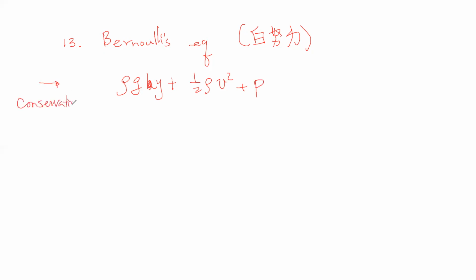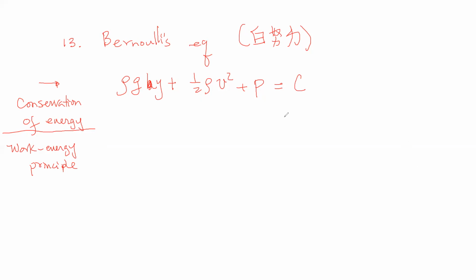So continuity is based on conservation of mass, but this one is based on conservation of energy. Or sometimes, maybe more specific, it's a work energy principle here. And we're not going to derive it, but we're going to review this with you, okay? So this is equal to constant. This is called the Bernoulli equation, okay?